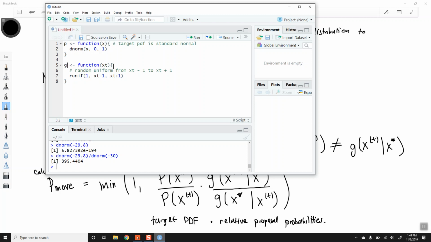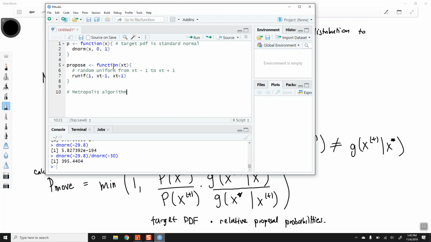So G, okay, actually, I'll call this propose. Propose will be this, and I guess we'll just do the Metropolis, not the Metropolis Hastings algorithm. Okay, so Metropolis algorithm. All right, and I'm going to start at, say, negative 30.